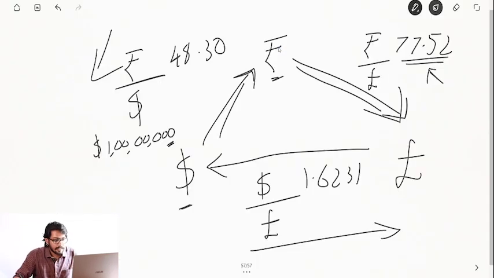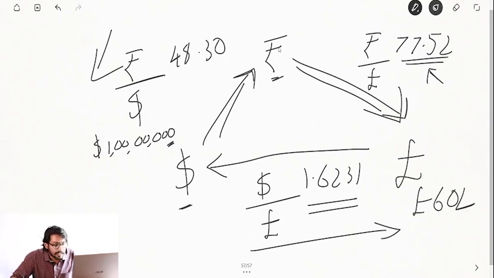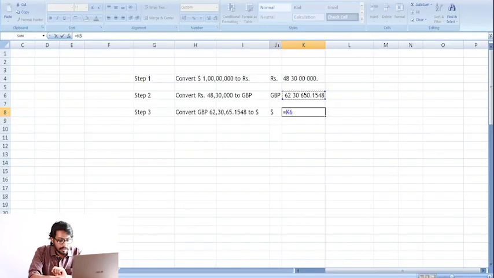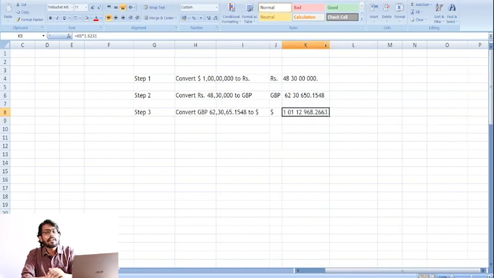What is the exchange rate? Dollar by pound. You have so many pounds, 62 lakh something, into 1.6231. You will get 1 crore 1 lakh 12,968. This is the correct answer.